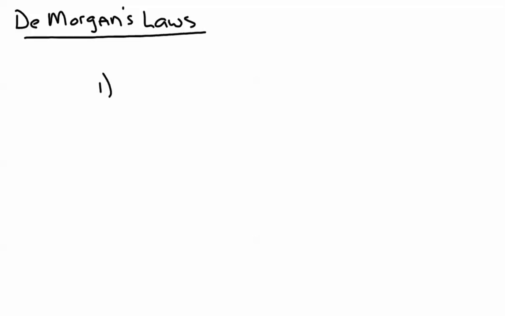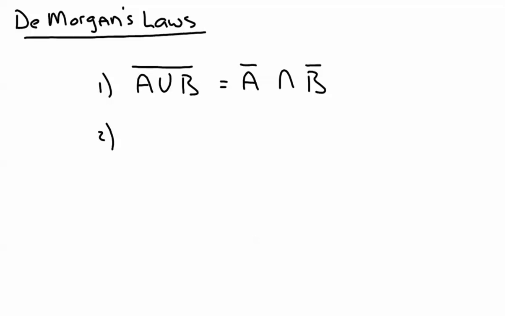One of them is written this way: A union B complement equals A complement intersect B complement. And the second of the two De Morgan's laws is A intersect B complement equals A complement union B complement.